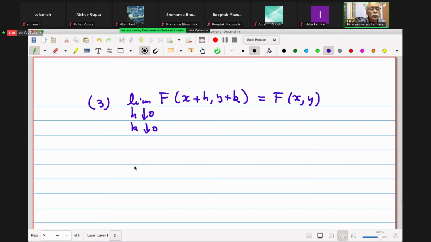And one other property I want to state separately. The limit as y going to plus infinity of f xy is equal to, actually an exercise, but let me state it all the same.